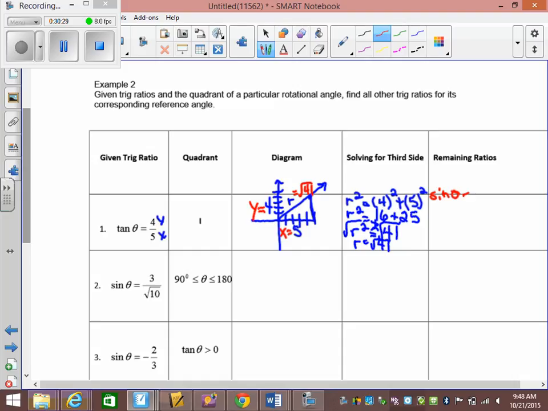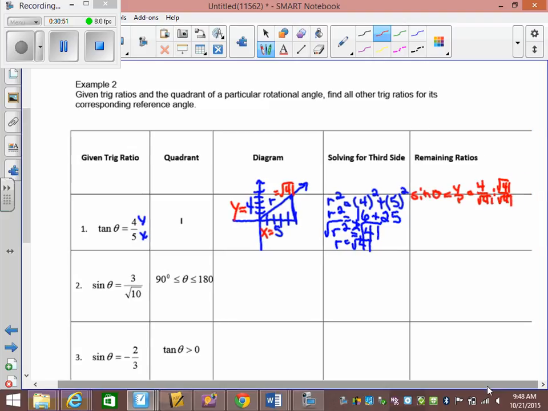Sine theta is y over r. So it's going to be 4 over root 41. Rationalize the denominator, so multiply by root 41 over root 41. And you're going to get 4 root 41 over 41.